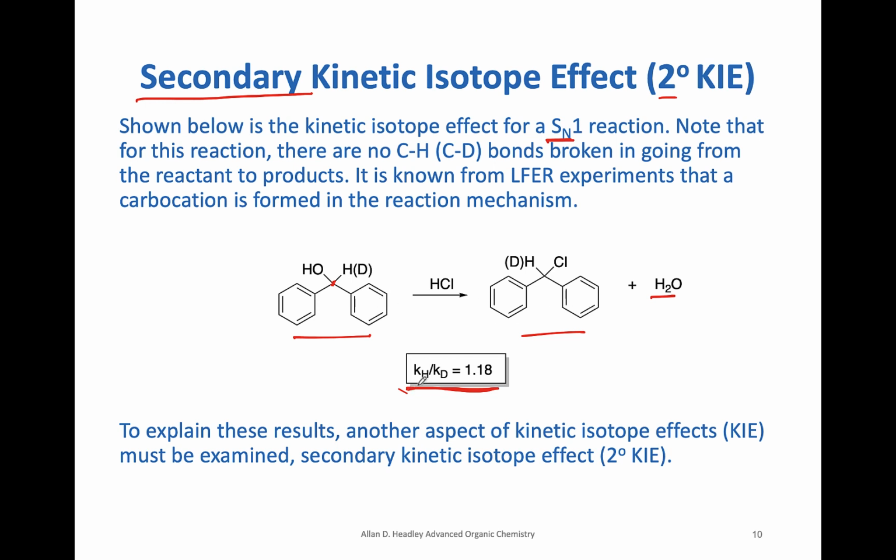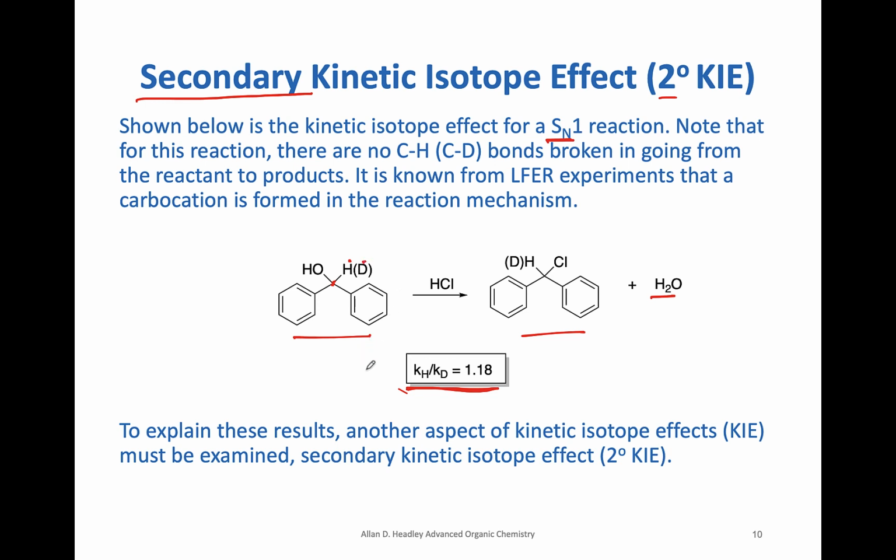And of course, it was observed that the kH, the rate constant for the hydrogen, is a little faster than the k for the deuterium substituted molecule, just 1.18. But based on the plus or minus values here, this is a real number.